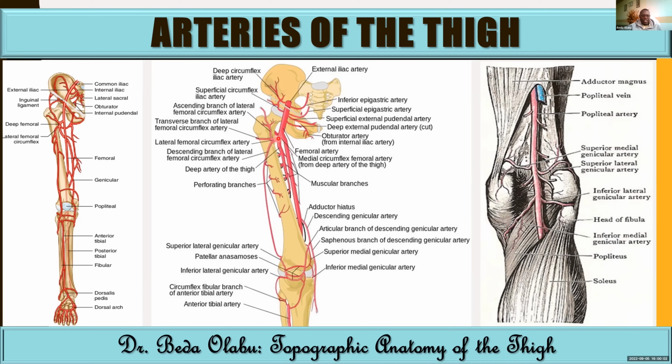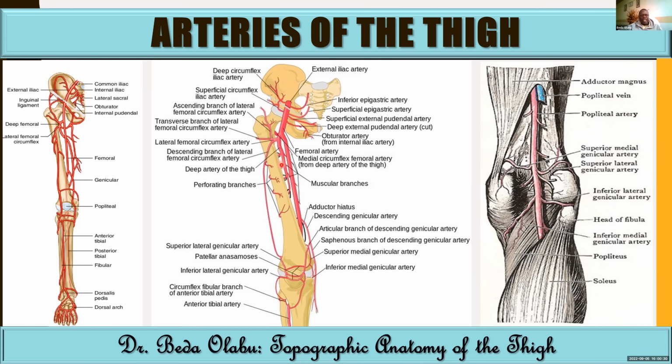After giving the circumflex branches, the profunda femoris continues deep to adductor longus, but anterior to adductor magnus. And then it gives branches which go through the adductor magnus to supply the structures in the posterior muscular compartment. Those branches given by the profunda femoris artery are the ones we called earlier the perforating arteries.